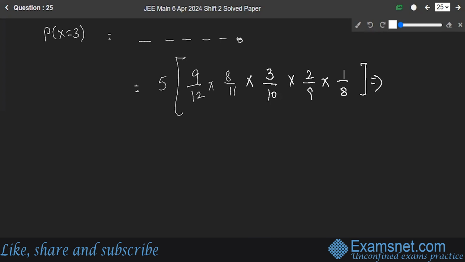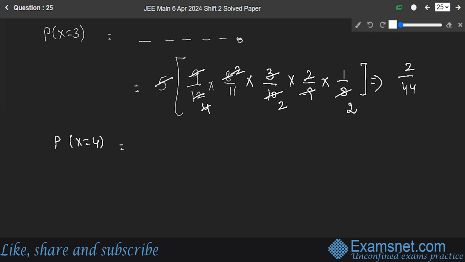So this on solving will give you 2 upon 44. I'm just verifying, this cancels and this gives me 2 over here. So this is it, this is 2 upon 44. That's right.